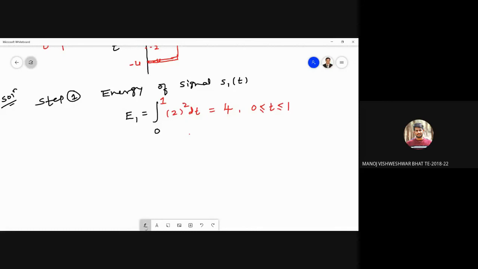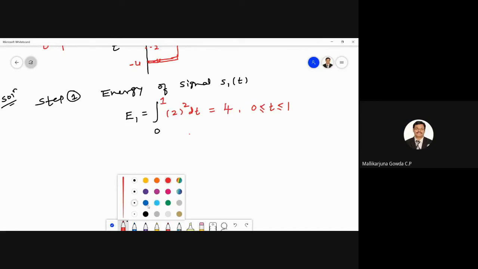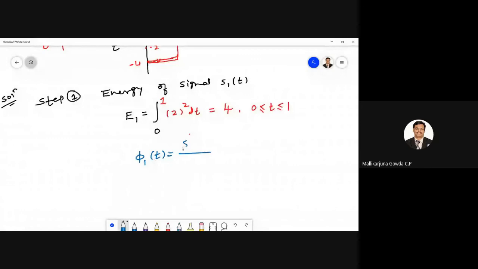Sir, S1 of t. Yeah, for finding pi 1 of t, S1 of t divided by root E1. See, pi 1 of t is equal to S1 of t divided by root of E1.